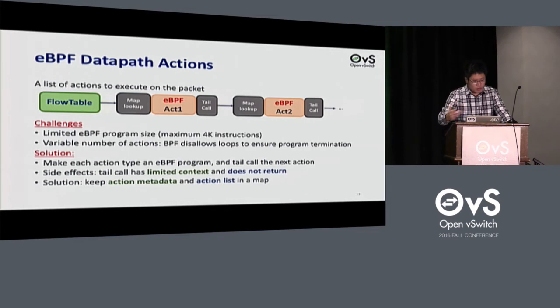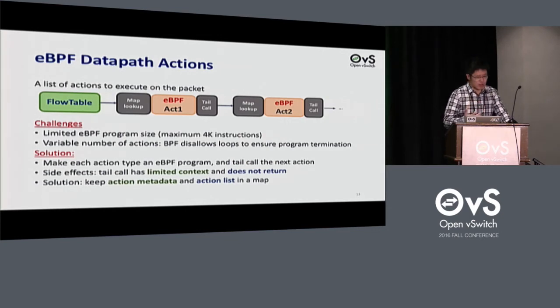Another challenge is that right now it's a for loop, where each loop executes one data path action at a time. Implementing this is difficult because the BPF verifier today disallows for loops. Once you use a for loop, the verifier can't guarantee that your program will terminate.